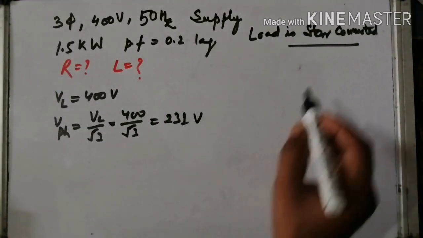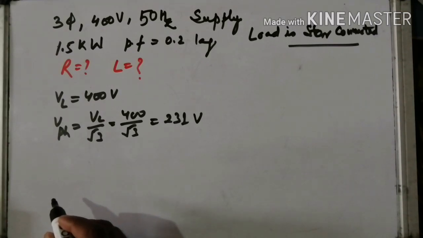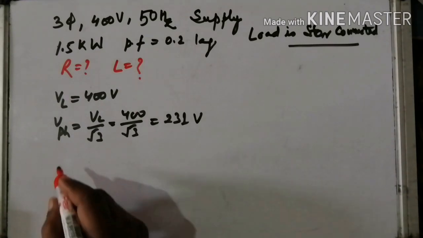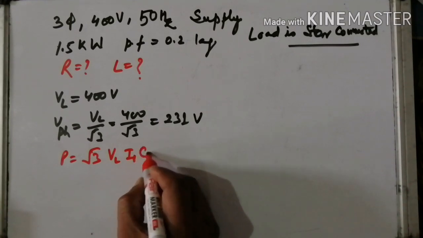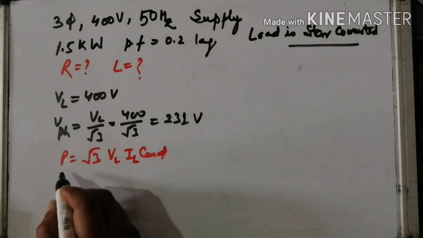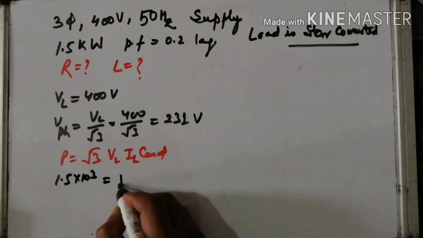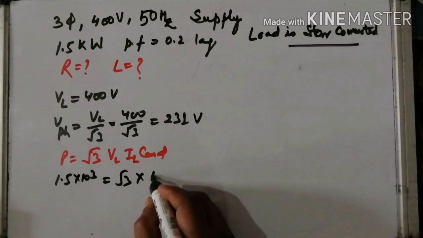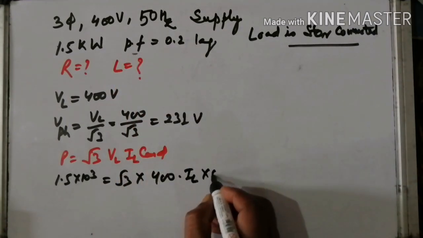Power which is consumed by the load is 1.5 kilowatt. The formula for the power is P equal to root 3 VL IL cos phi. Right? So 1.5 into 10 raised to power 3 equals root 3 into 400 into IL, and the value of cos phi is 0.2.